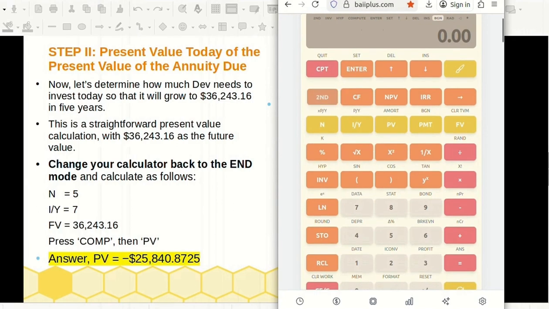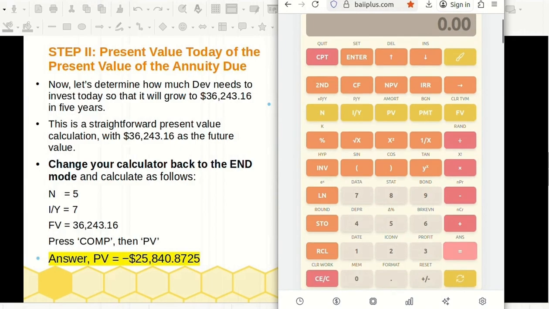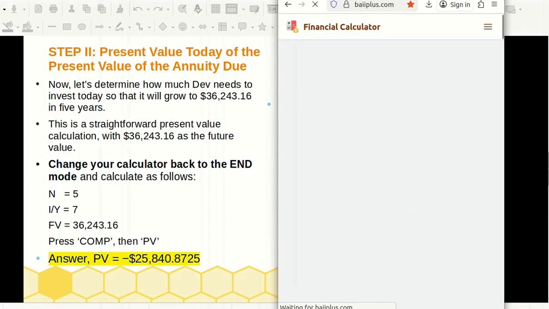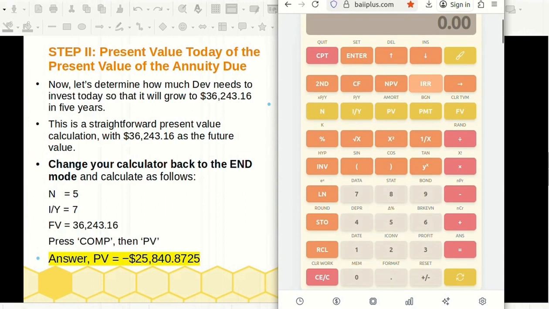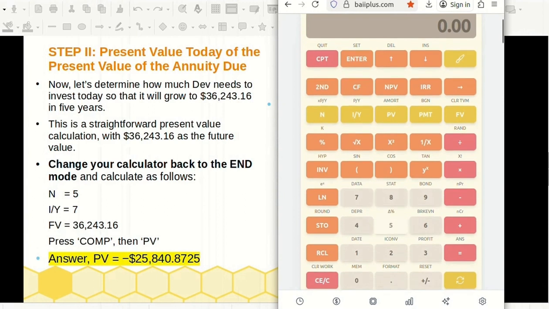You just have to set your calculator back to the end mode. Because this is a case of an ordinary annuity. Clear your memory, set your calculator back to the end mode. Okay, so now do the calculations. Refresh it again.